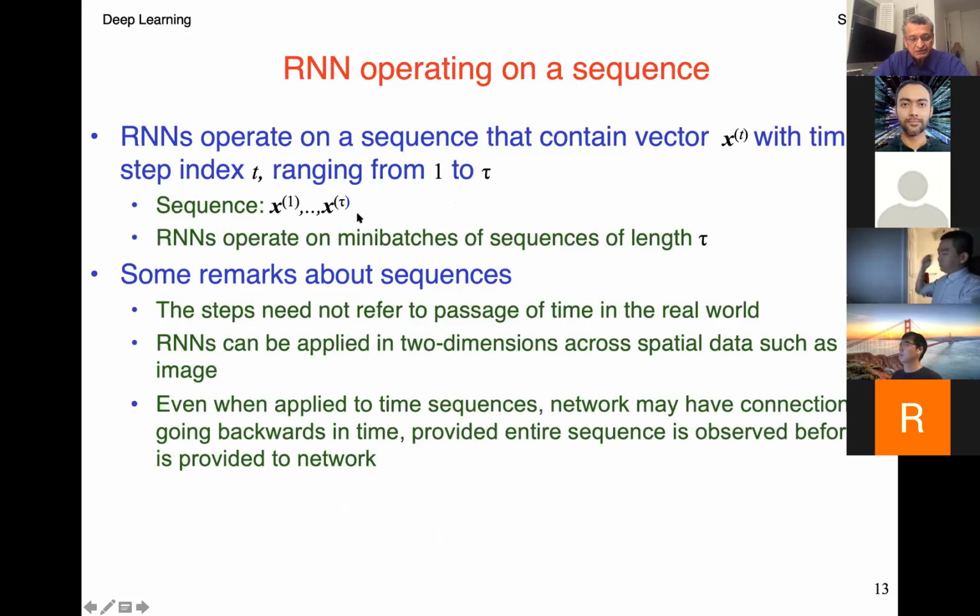Tau is the length of the time sequence. And RNNs operate on mini batches of sequences of length tau. So we can think of it as a mini batch. Maybe some padding is needed to input it one at a time or two at a time or a group at a time.